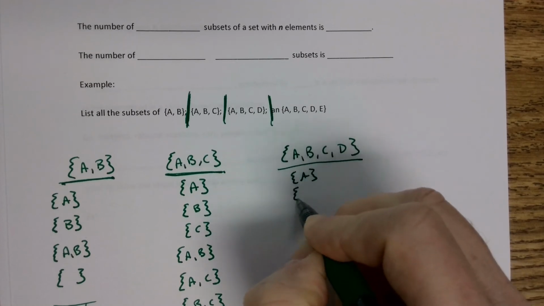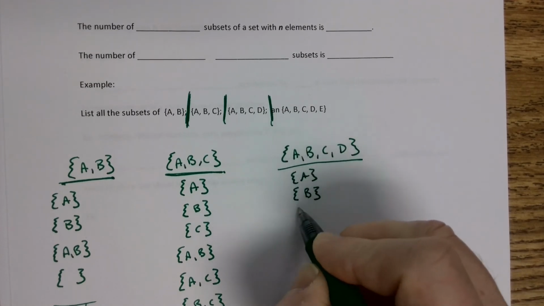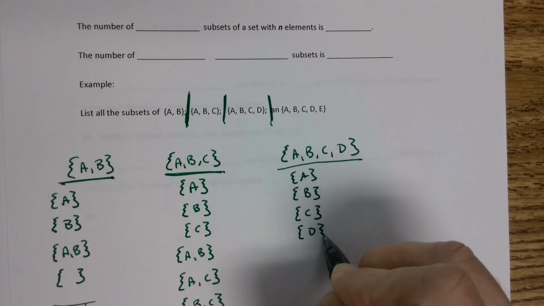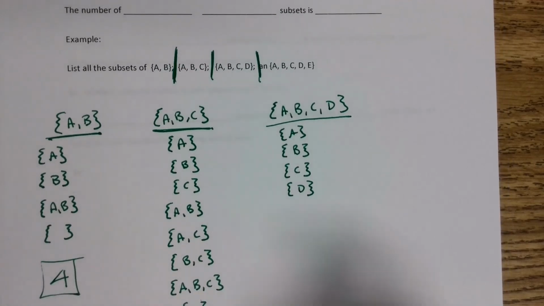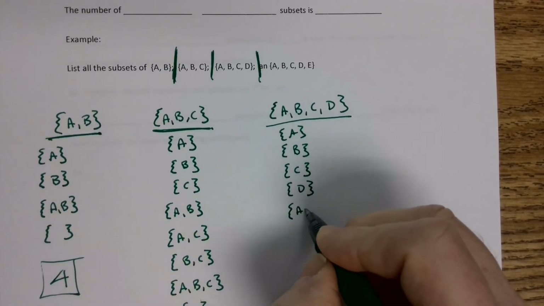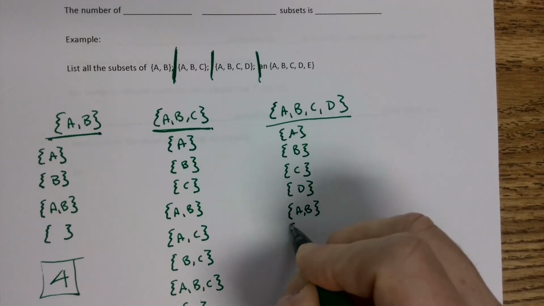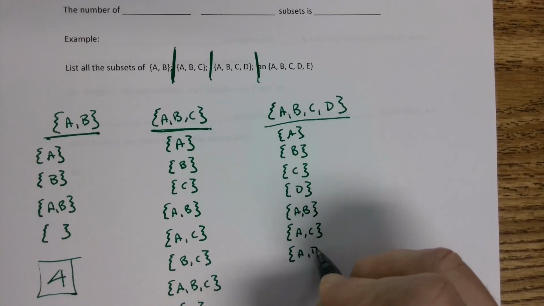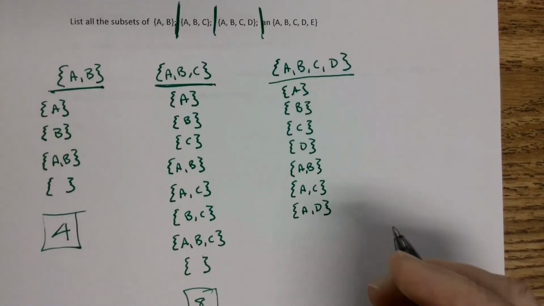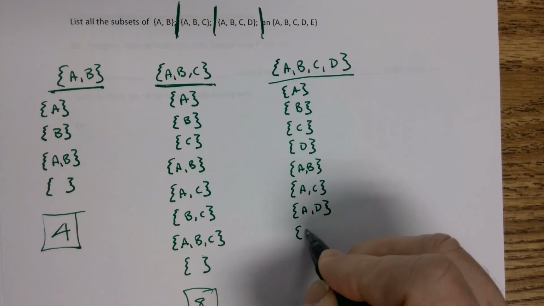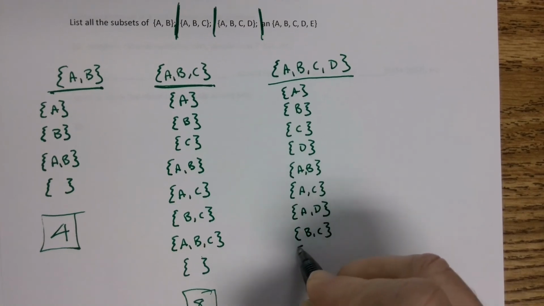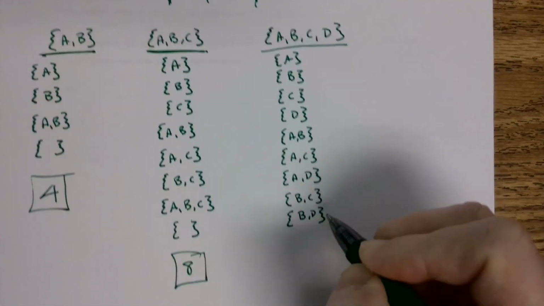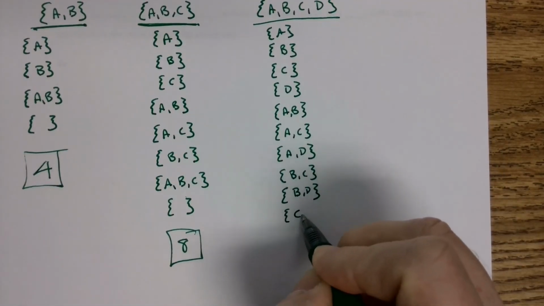I can find A, I can find B, I can find C, I can find D, I can find AB, AC, AD, BC, BD, CD.